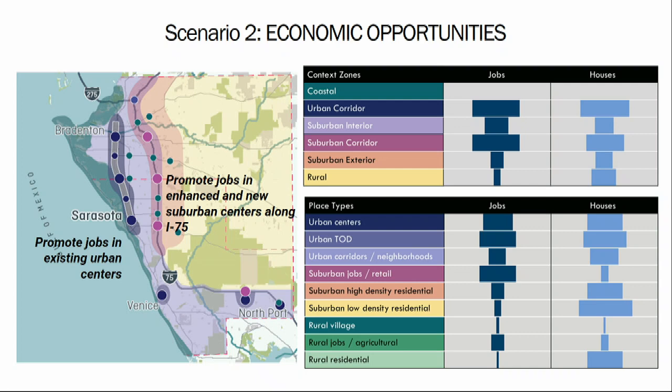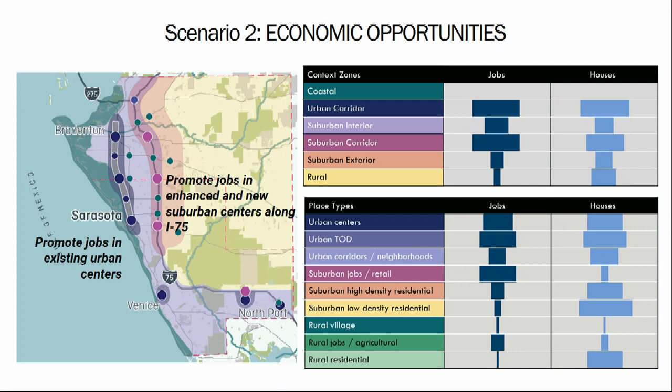The second scenario that we looked at was, we're going to focus on supporting the economy. What would a transportation network look like? What would a community in the region look like if we focused on promoting jobs and enhancing growth along the I-75 corridor and in existing urban centers?